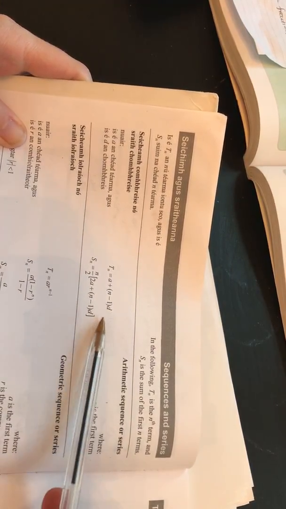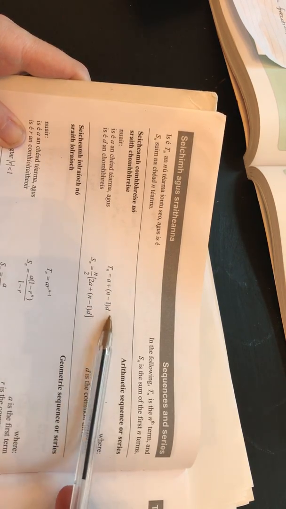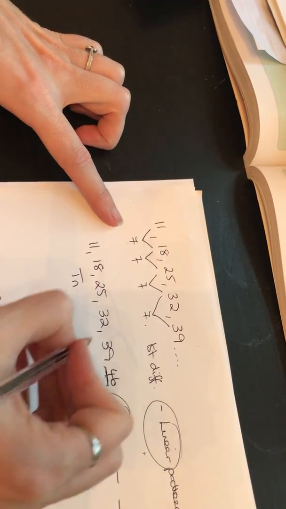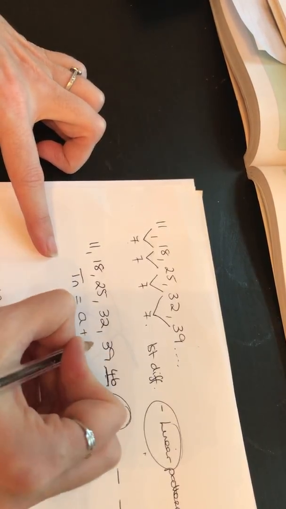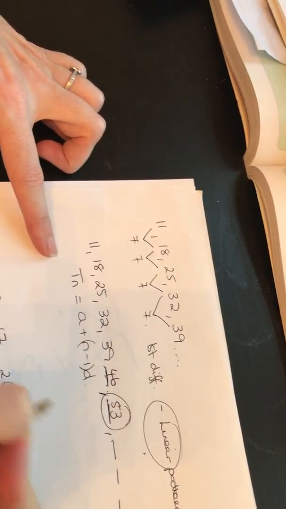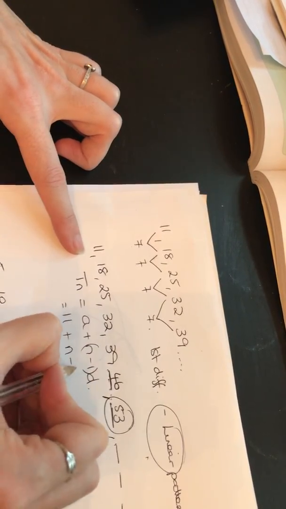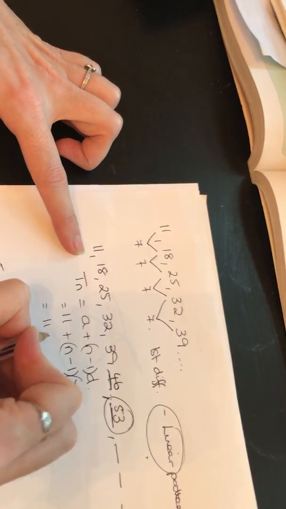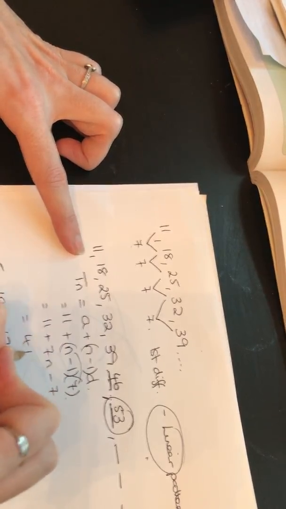So if you go to your log tables for a linear, it tells you exactly how to use this formula as well here. It says A is the first term of your linear. So there's A. And D is the common difference. So if I want the key to this question, the key to this pattern, then I would go A plus n minus 1 times D, which in this situation is 11 plus n minus 1 times the common difference, which is 7, which gives me 11 plus 7n minus 7, which gives me 4 plus 7n.